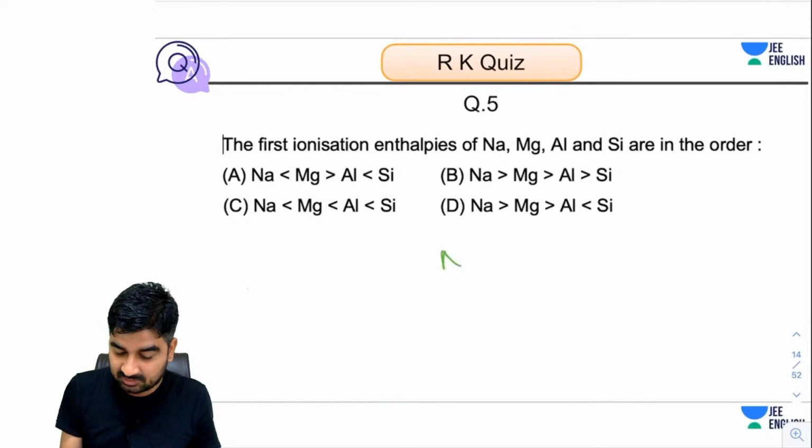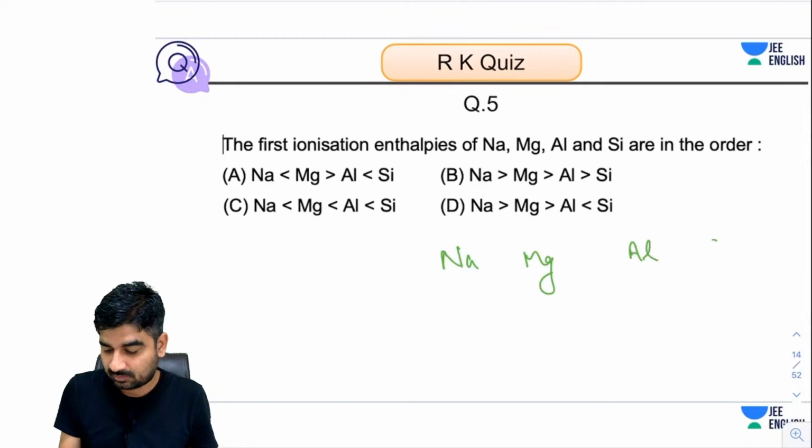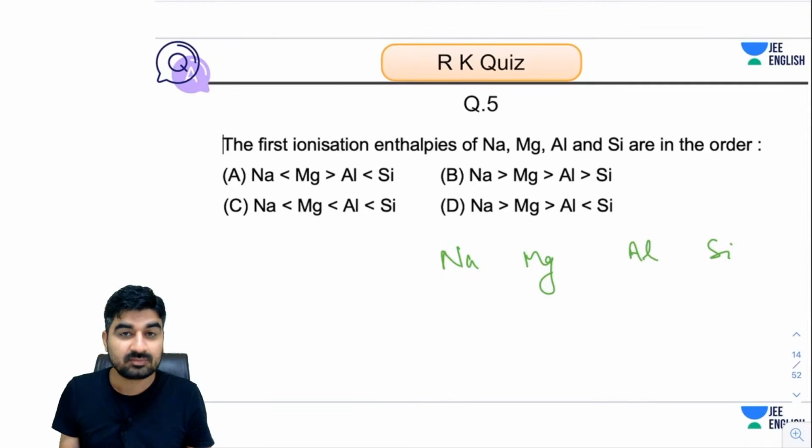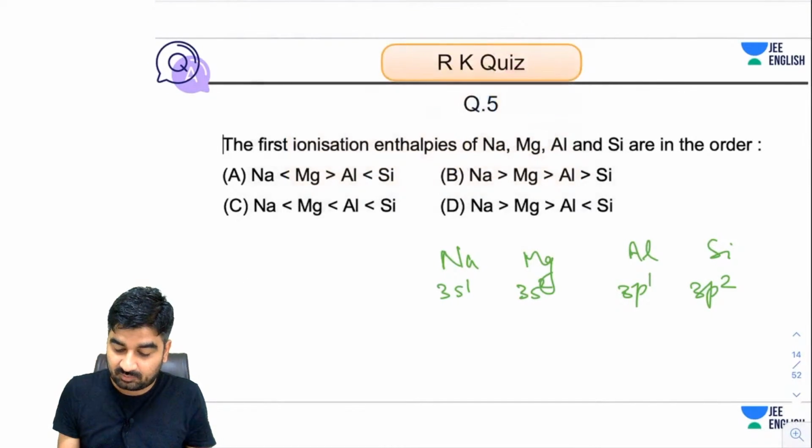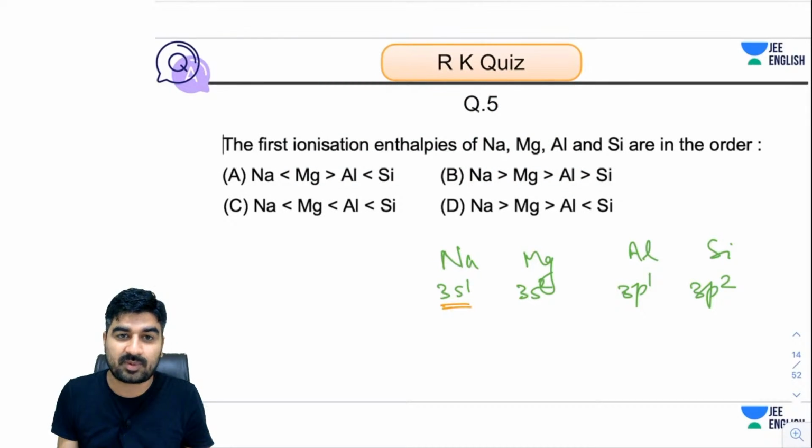Now arrange it. This is Na. This is Mg. For first ionization enthalpy, just write down the configuration. If you go left to right, here the electron is being removed from s, here also s. So left to right Z effective increases, so magnesium will have more.